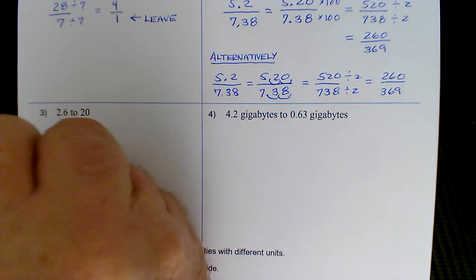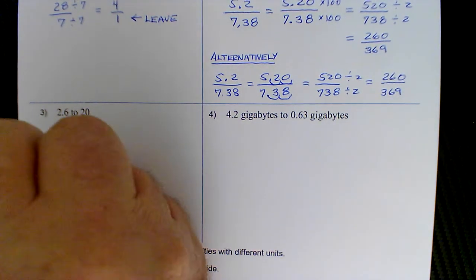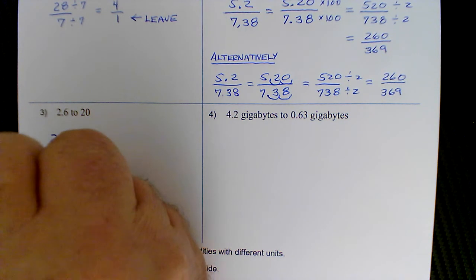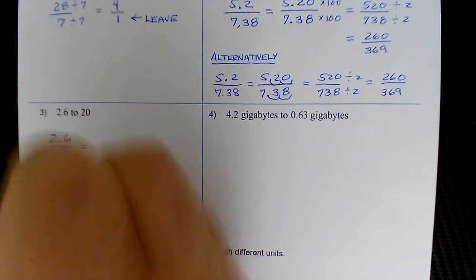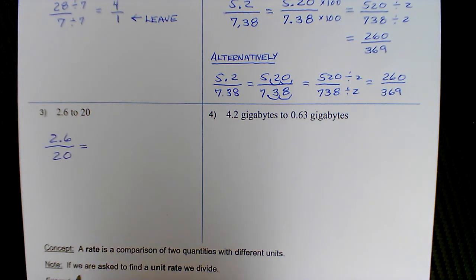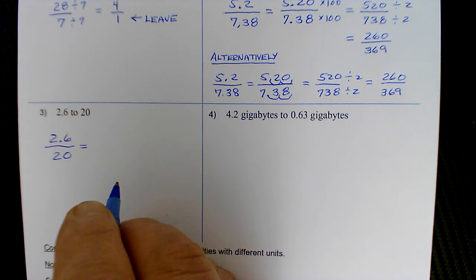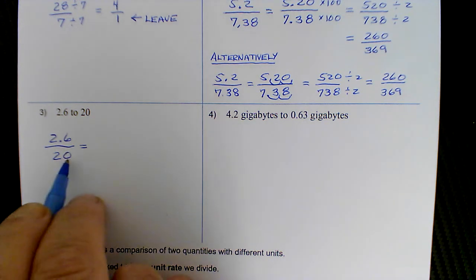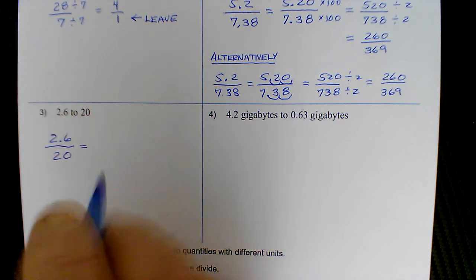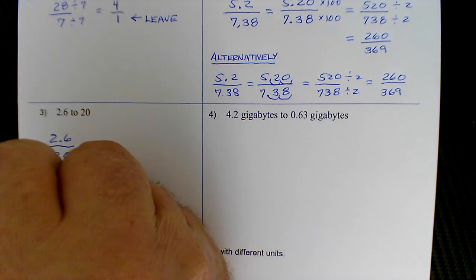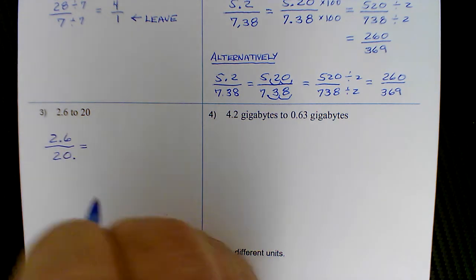Again, to begin with, first number in the numerator, 2.6, over second number in the denominator, 20. Again, there's decimals involved, so I want to get rid of them. There's no decimal in the number 20 written. It should be understood it follows the 0.